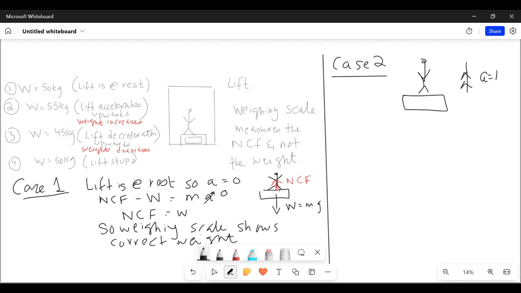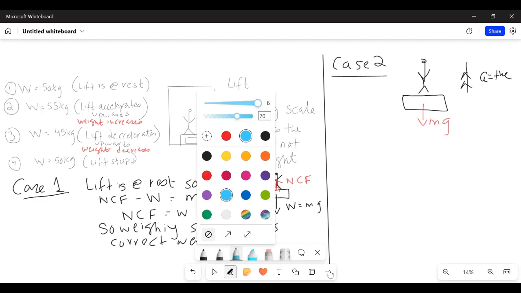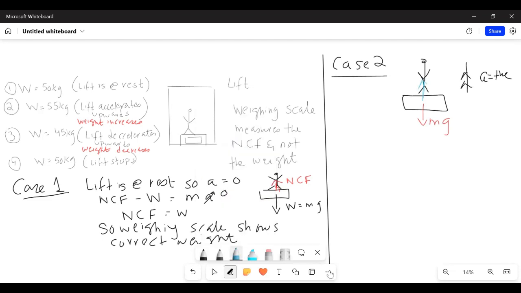Acceleration means its a will have some positive value. So now again, the downward force is mg, the actual weight. The upward force is the normal contact force, the reading that the weighing scale actually shows, and acceleration is positive.